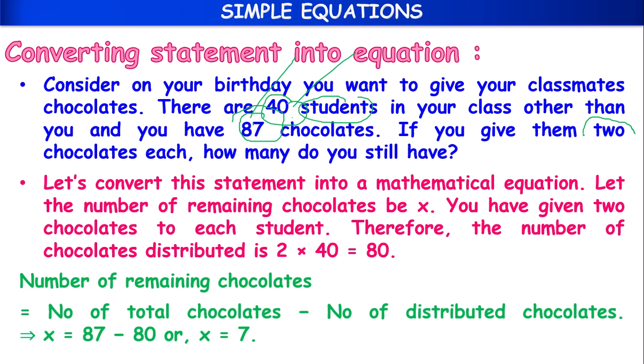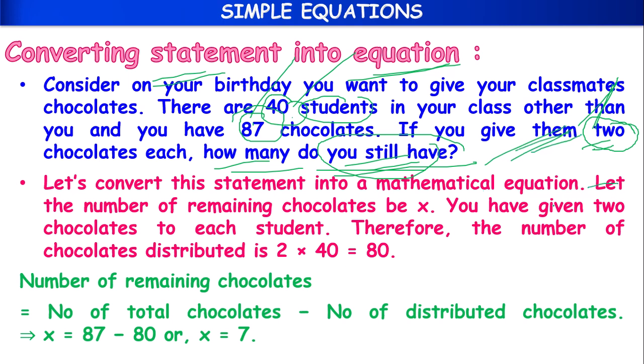The number of chocolates given to each classmate, 2, is also a known quantity. How many chocolates do you still have? That is the unknown quantity. So before converting a statement into an equation, first we have to trace the unknown quantity. Here, after distributing 2 chocolates to each, how many chocolates are left? That is unknown.